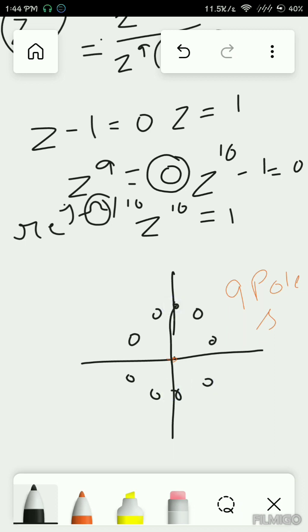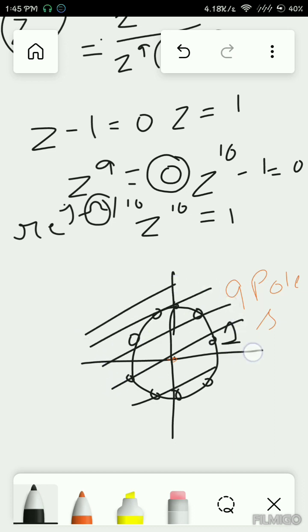You draw a dotted line over here; it is the 9 poles, and here you're going to mark 1, right? This is the resultant that you get, and it is the entire ROC plane, so you're going to shade the entire ROC plane, right?